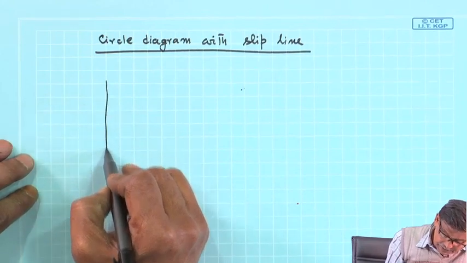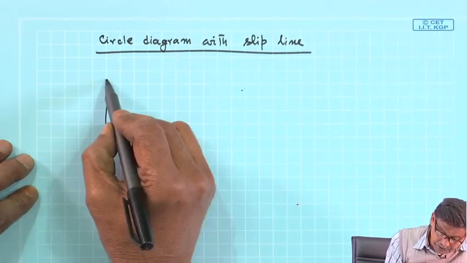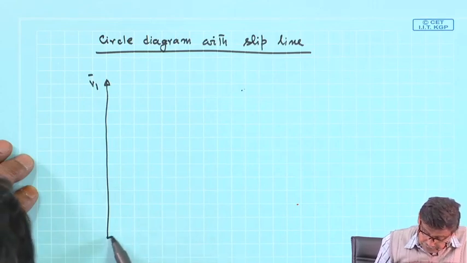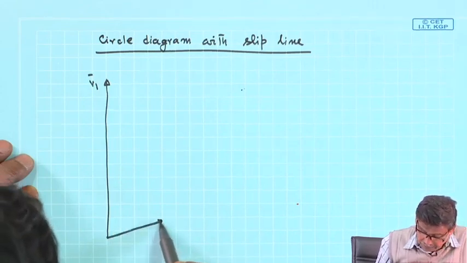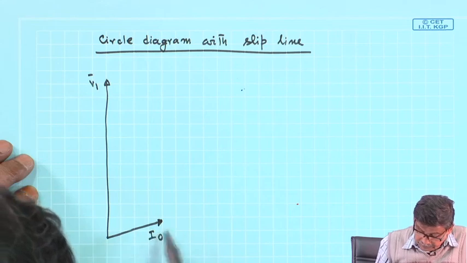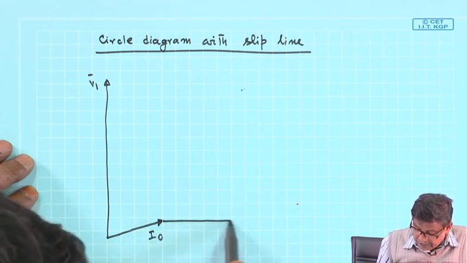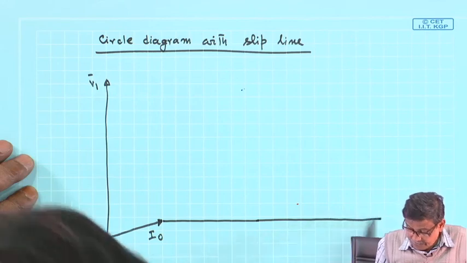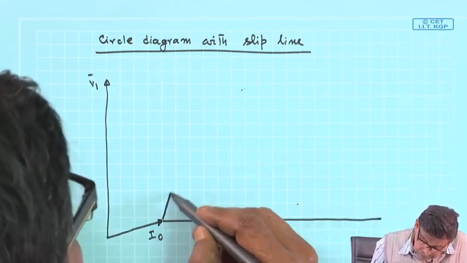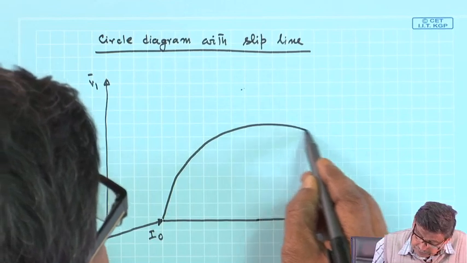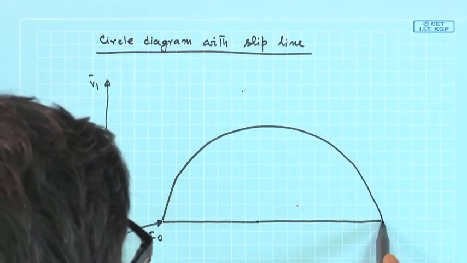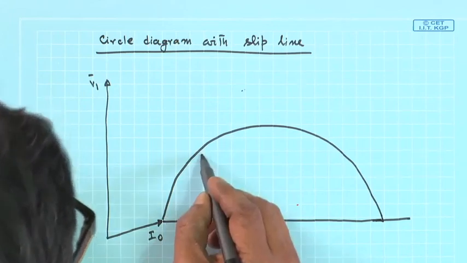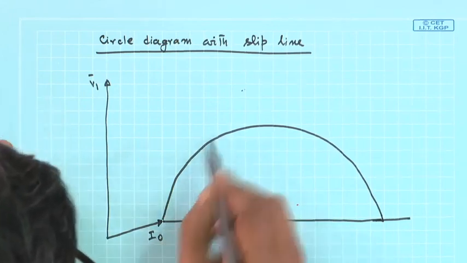So, what is the thing? This is the supply voltage V1. This is your no load current I0, and here is that parallel branch where R2 by S stays. I will draw a bigger one, and this is the circle. At any point the current will be I2 dashed.